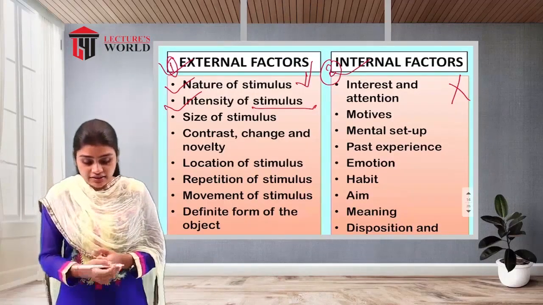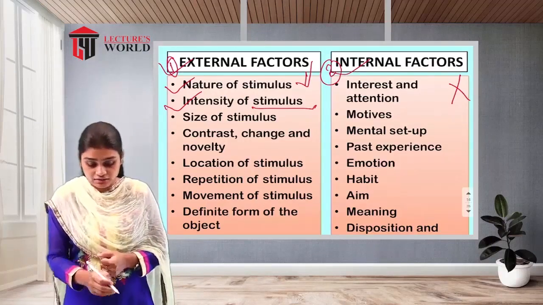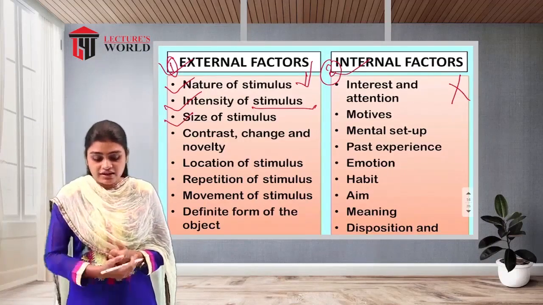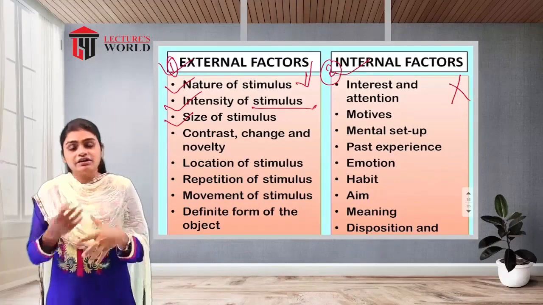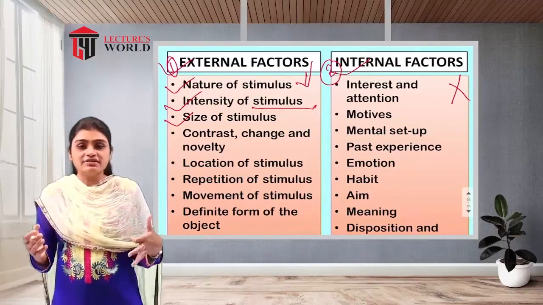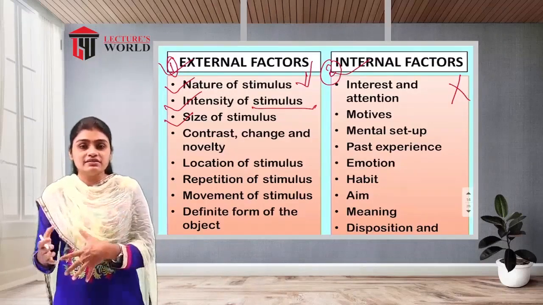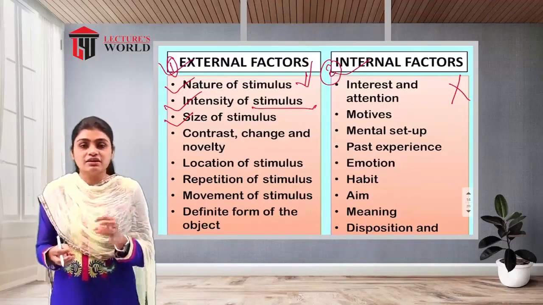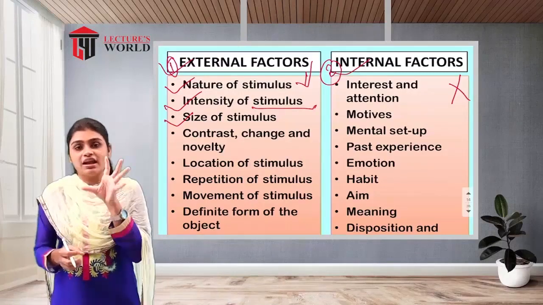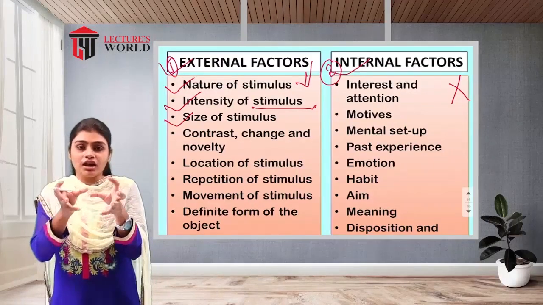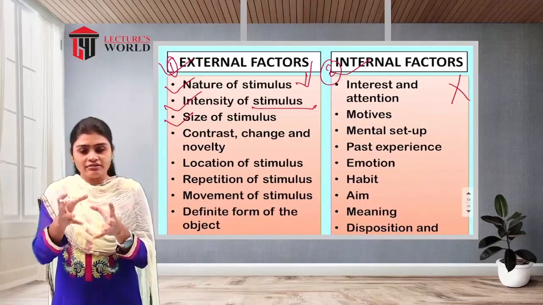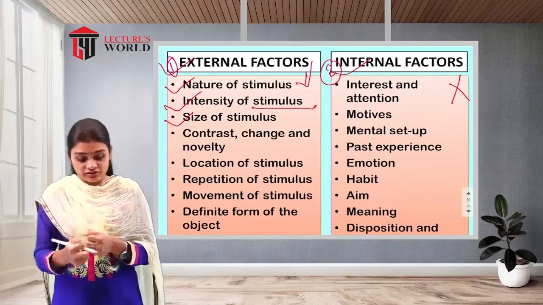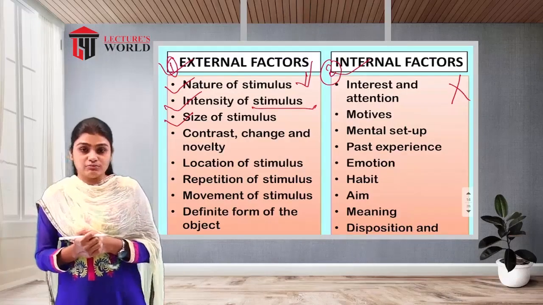After that, the next external factor we have is size of stimulus. If we talk about sizes, we have different types: small, medium and large. If we compare all the sizes, the large things or large stimuli are going to achieve our attention very quickly.